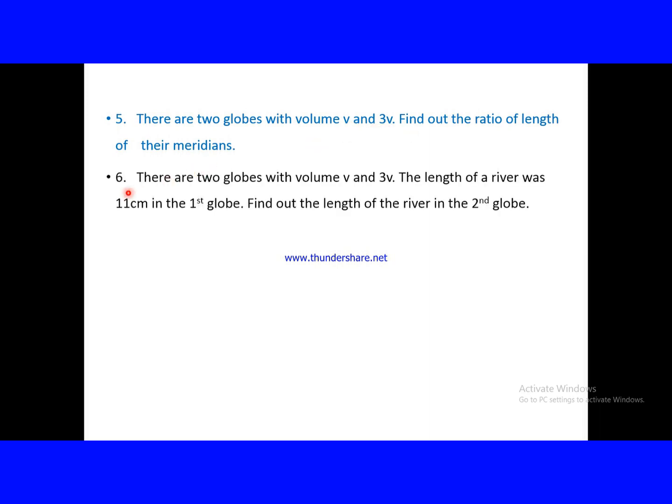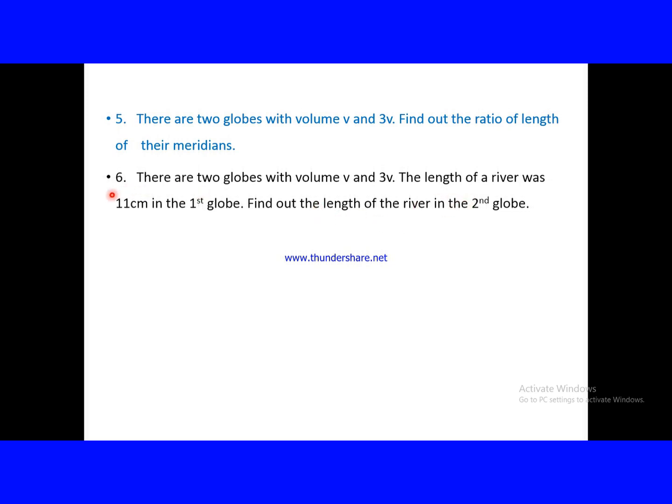Another question, there are two globes with volume V and 3V. The length of a river was 11 centimeter on the first globe. What would be the length of that river on the second globe? So first we'll find out the radius of the first globe and the radius of the second globe, and from there we'll get a ratio, and using that ratio we'll calculate the length of the river on the second globe.